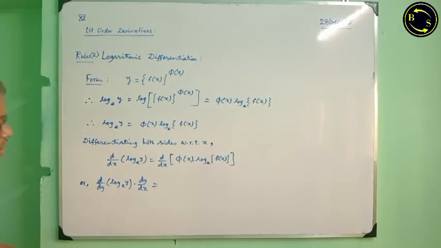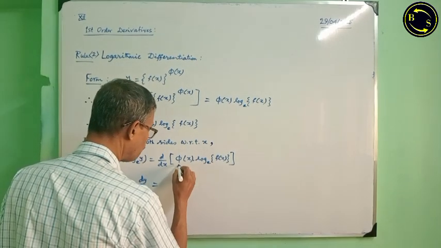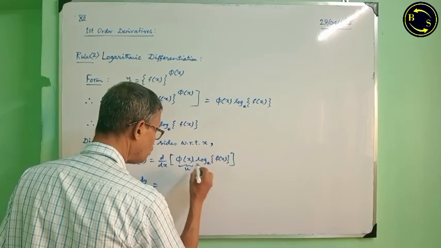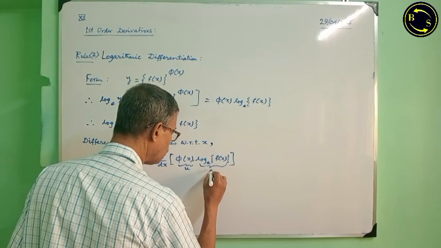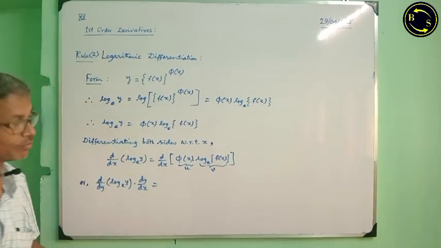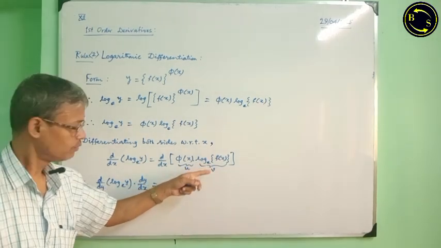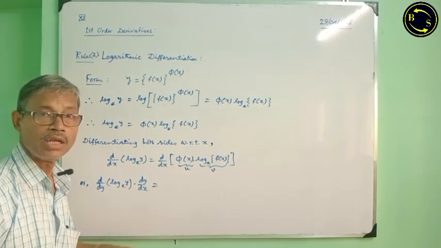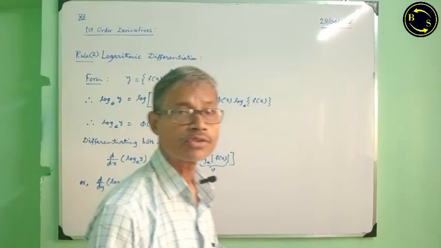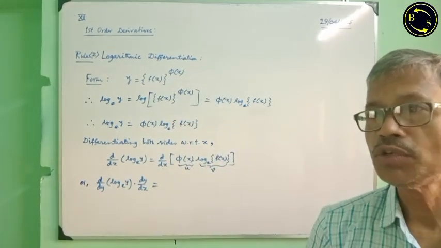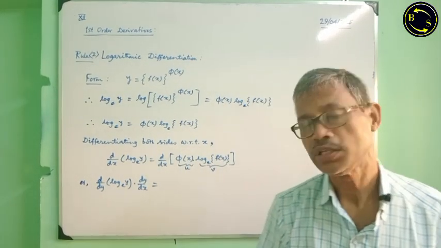and on the right we get the form u into v, product form. Therefore, I shall use d/dx of uv, that is equal to u dv/dx plus v du/dx.